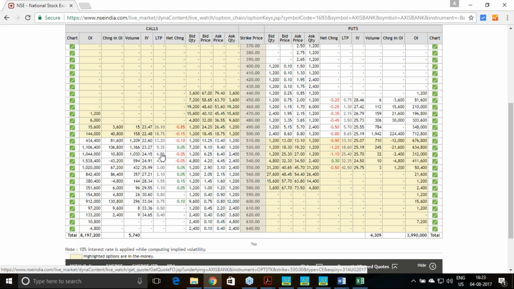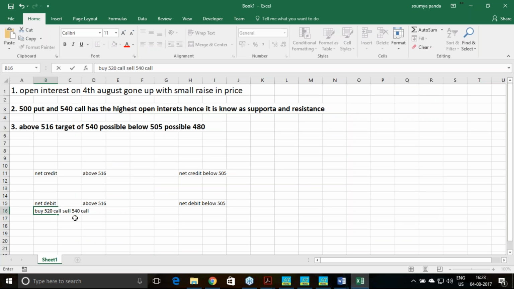So suppose you are going to take this strategy, assume this is the strategy: buy call at 9 rupees 30 paisa and sell the 540 call option at 4 rupees 30 paisa. We have initiated this. Max loss, if I am taking 5 rupees, 5 into 1200, so 6000.